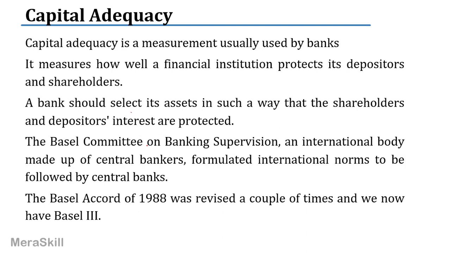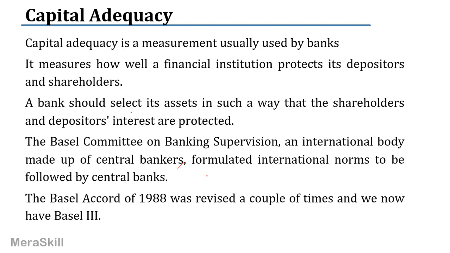The Basel Committee. Now, you understand the importance of banks in a financial system, students, right? If banks were to collapse, it is a threat to the entire economy and the entire financial system of the country. So, there was a Basel Committee on Banking Supervision, an international body consisting of central bankers from different countries.